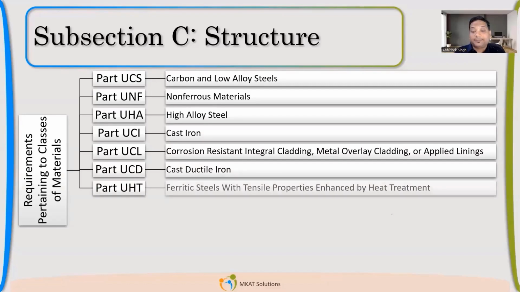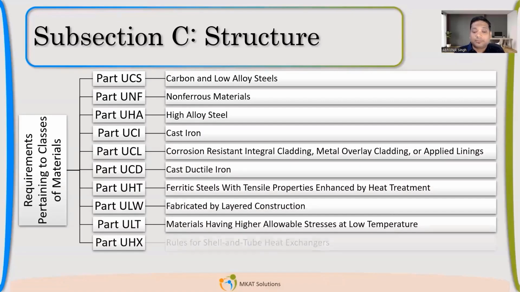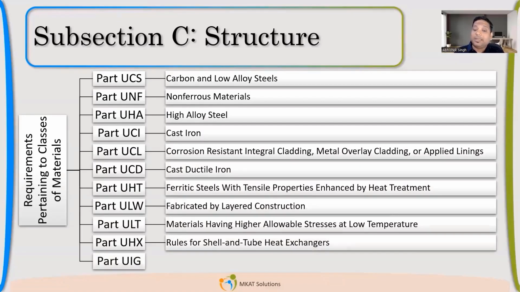So ductile iron, ferritic, so lots of different, typically we don't use all that, but it may become important, case to case basis. Like if you have made your vessel with layered construction, 2 plates combined, then you have to refer ULW for layered construction.